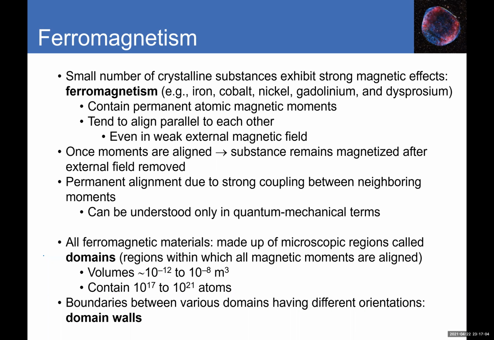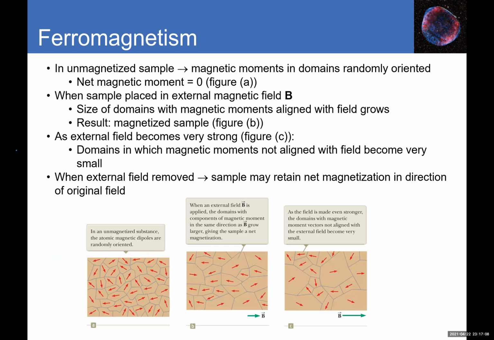We can see that in a diagram here, where we can think of some domains. For example, here's what we have for an unmagnetized substance: the atomic magnetic dipoles are randomly oriented. Each one here is a different domain, where the arrows represent the magnetic moment of each one of them.